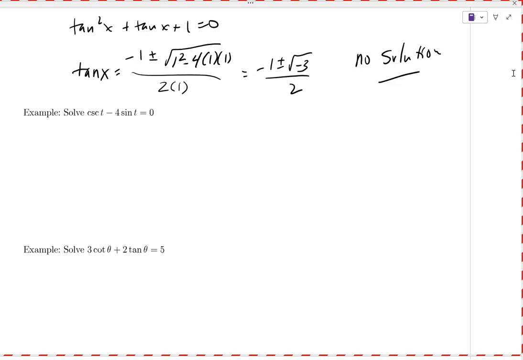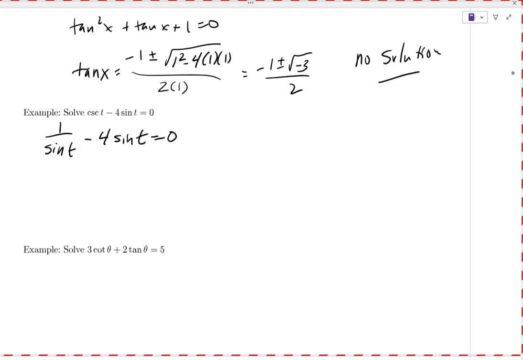What identity might help here? 1 over sine. Yeah, 1 over sine. Okay. So replace the cosecant with 1 over sine. Now we've got everything in terms of the same trig function.